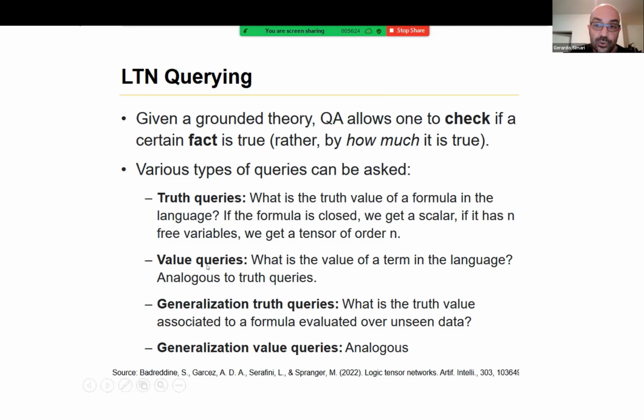The value queries for terms are the same kind of thing. Instead of a formula, I'm just talking about a term. And also we have the same kind of thing for generalization truth queries. What is the truth value associated to a formula evaluated over unseen data?